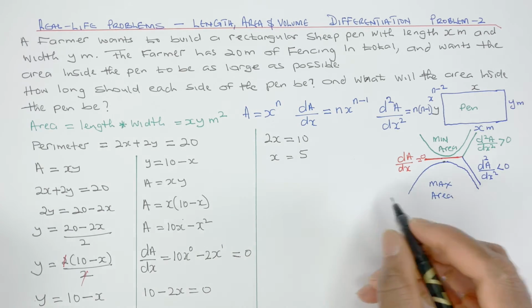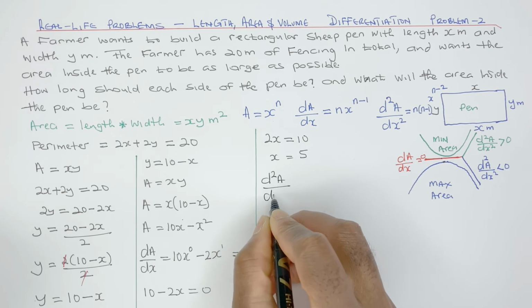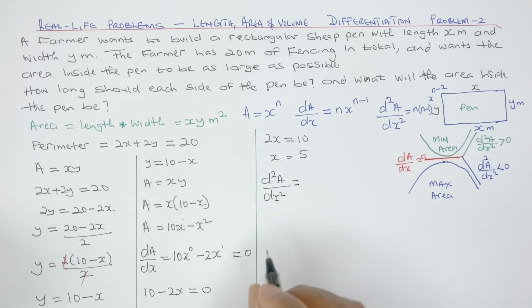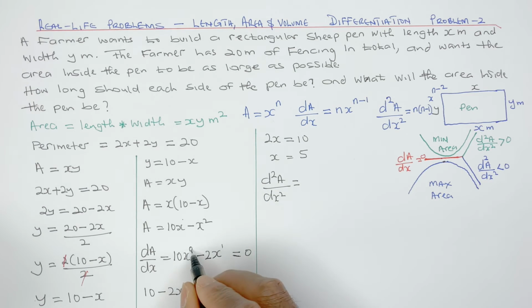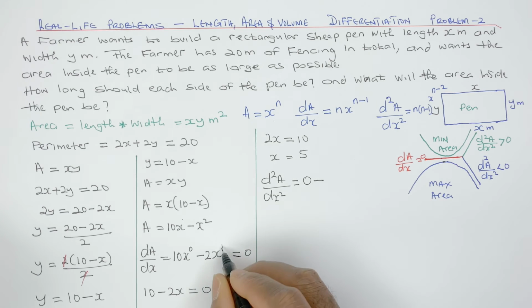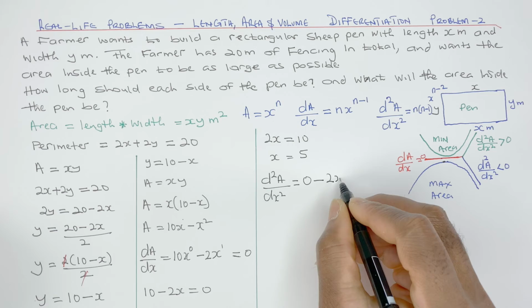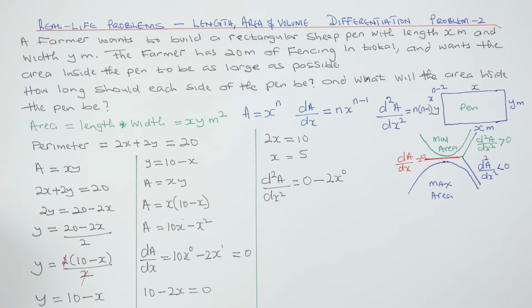So we need to find d squared A over dx squared, which will be 0 times 10, that will be 0, minus 1 times 2, that would be 2, x to power 0. We know x to power 0 is 1.